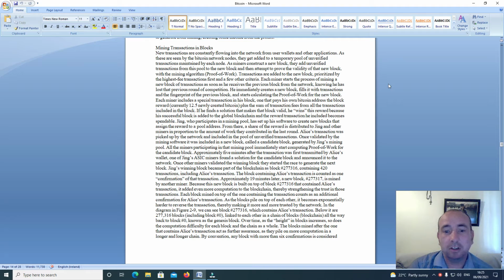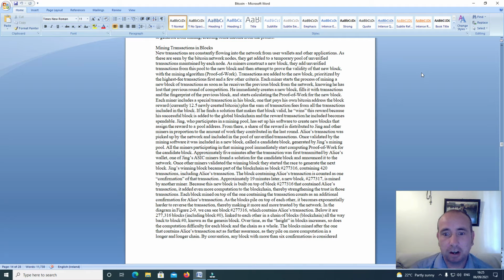As miners construct a new block, they add unverified transactions from this pool to the new block and then attempt to prove the validity of that new block with the mining algorithm, proof of work. Transactions are added to the new block prioritized by the highest fee transactions first and a few other criteria.